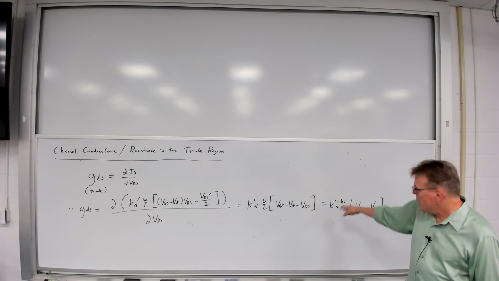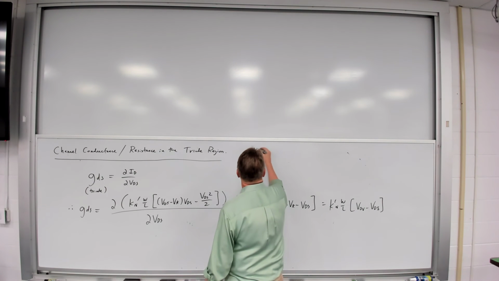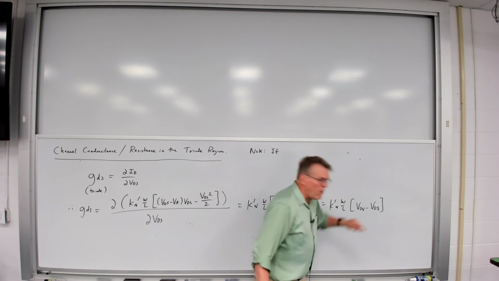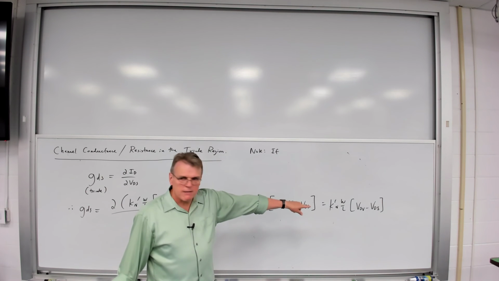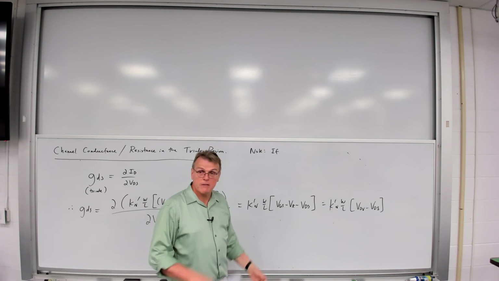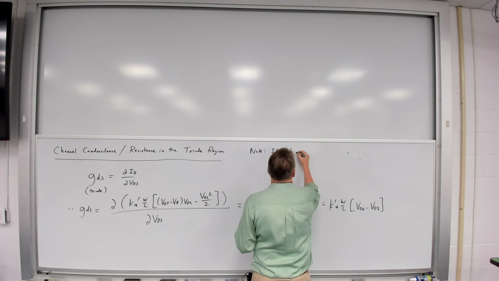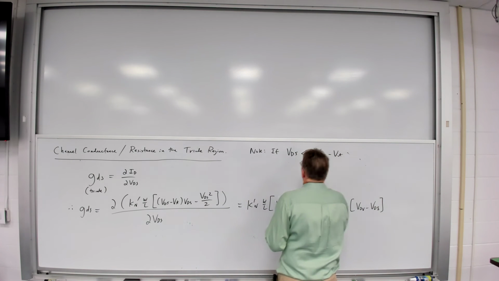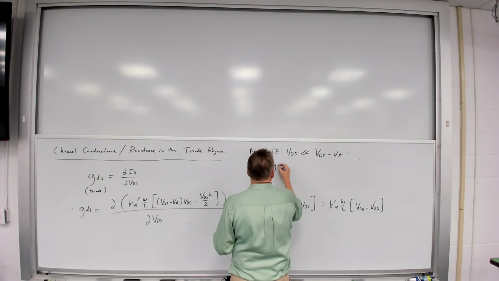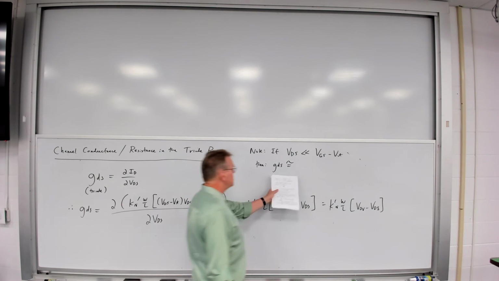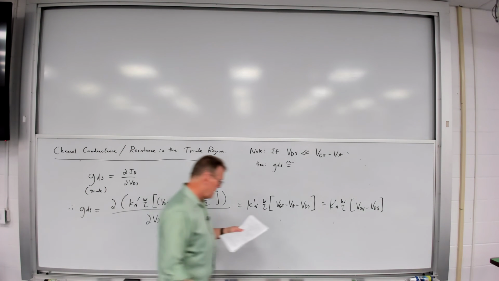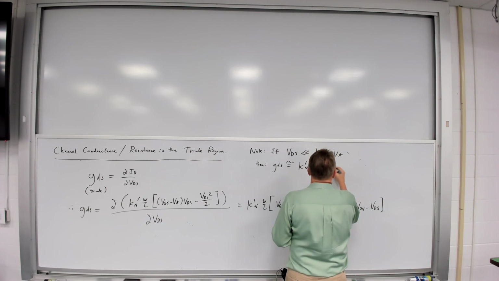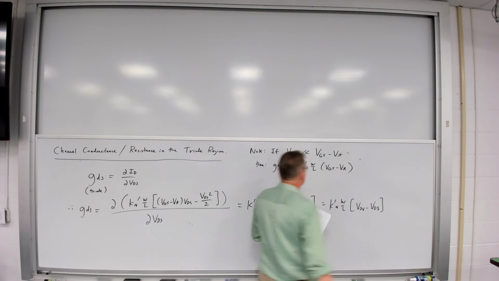Now, we note if VDS is small, if VDS is much, much less than VOV or VGS minus VT, in that case, I can say GDS will just approximately be equal to K prime N W over L times VGS minus VT.